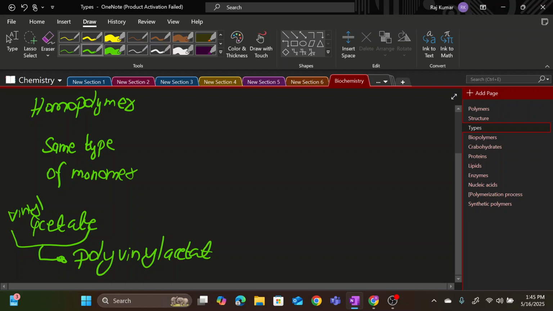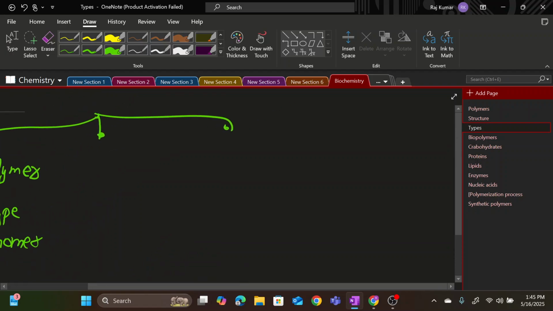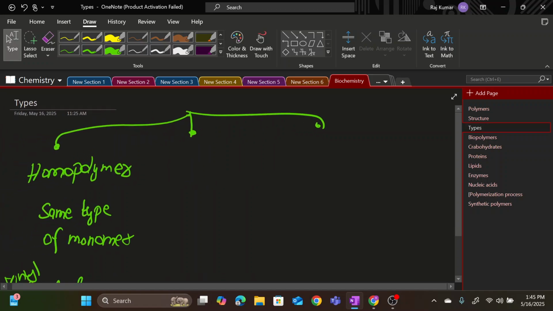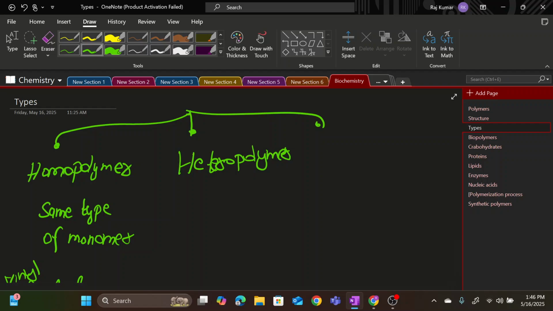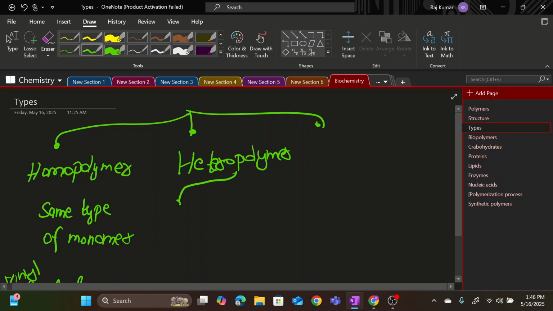So in this I'm going to use only one monomer, which is vinyl acetate, and then there's an important thing that I'd like to share about, which is heteropolymer. Heteropolymer is basically further divided into two types, which are copolymer and terpolymer.